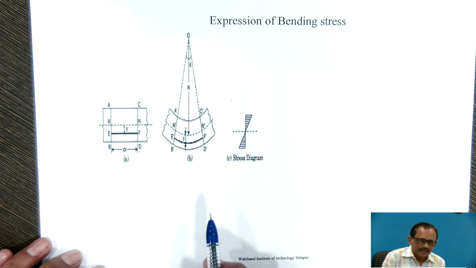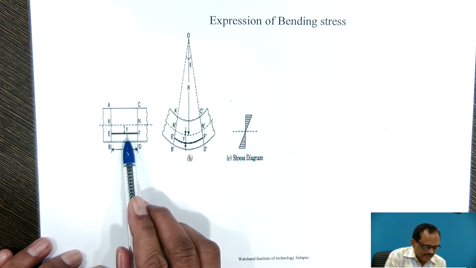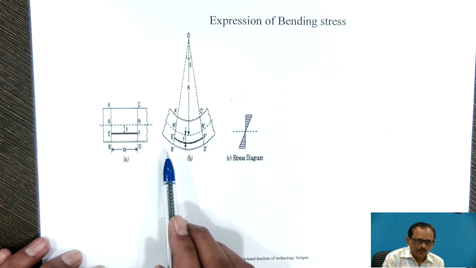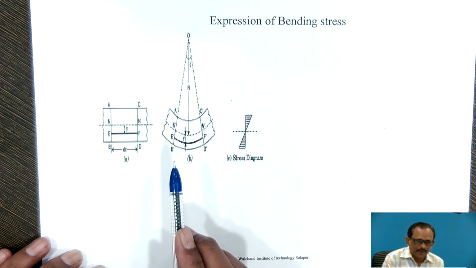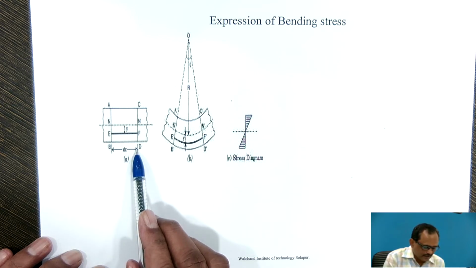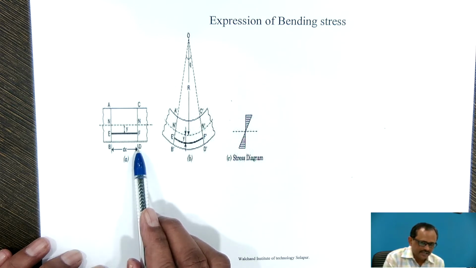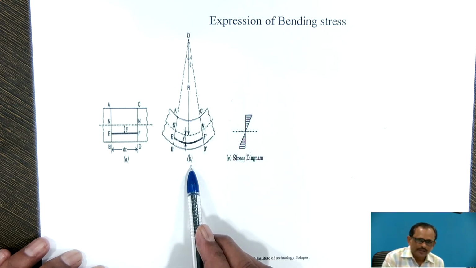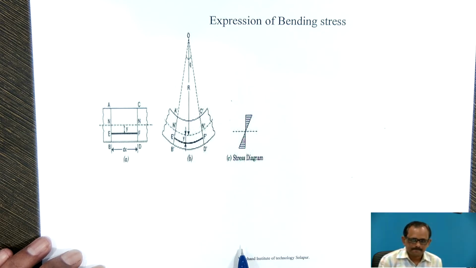The layers which are straight and parallel to each other before applying the moment do not remain straight and parallel. The portion of the beam between section AB and section CD bends into a circular arc as shown in figure B. Now, we are going to derive the strain variation along the depth of the section.